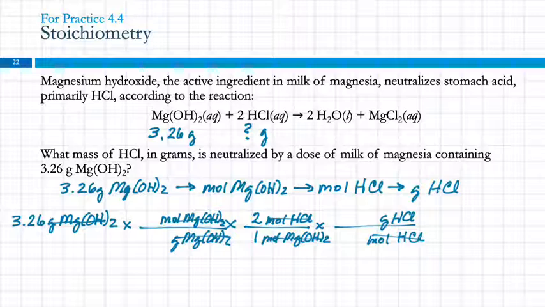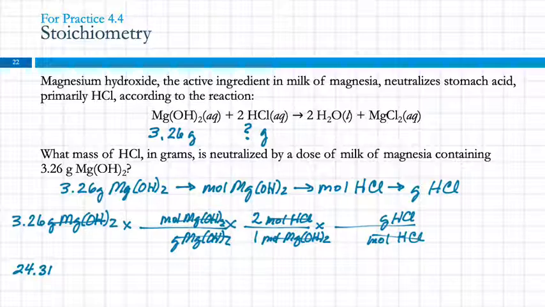Chemists calculate molar masses a lot. So for MgOH2, we've got magnesium 24.31. And OH2, so the OH is a polyatomic ion hydroxide in parentheses with a 2 on the outside. So that means there's 2 of everything in there, right?